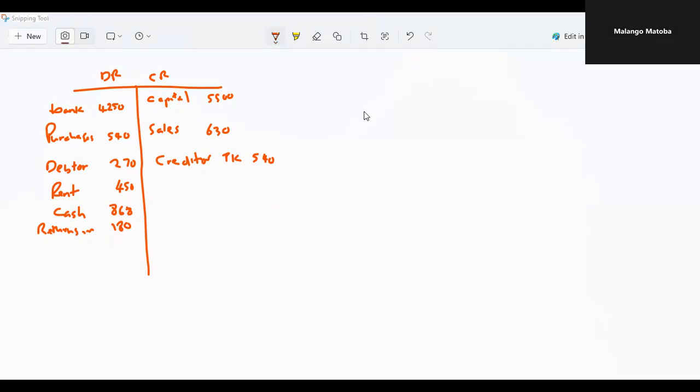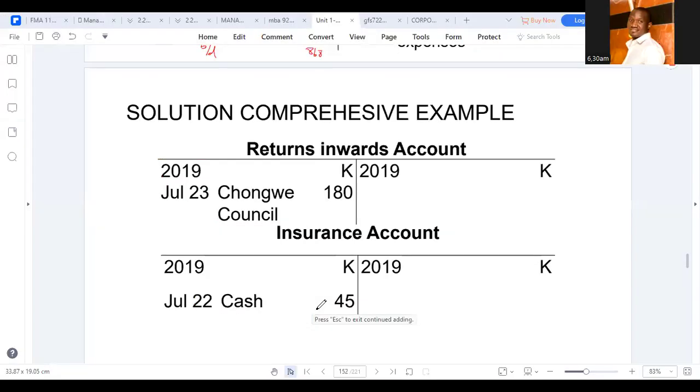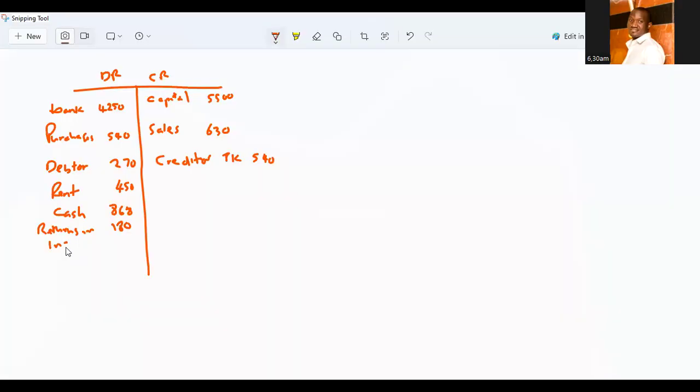Then insurance is only on the debit side, 45. So we're going to have insurance here, 45.